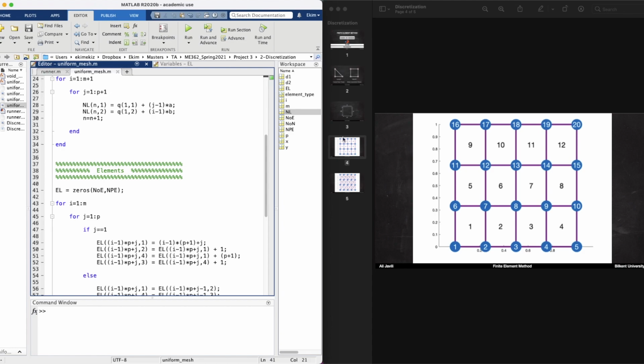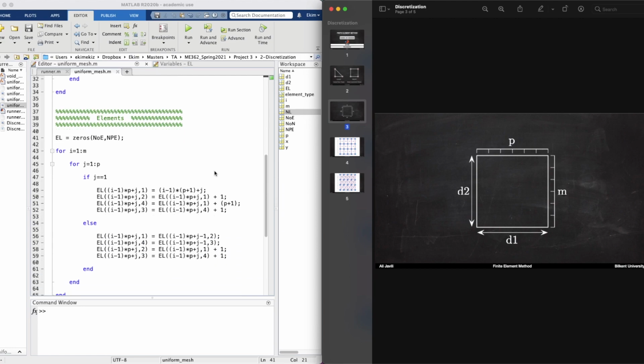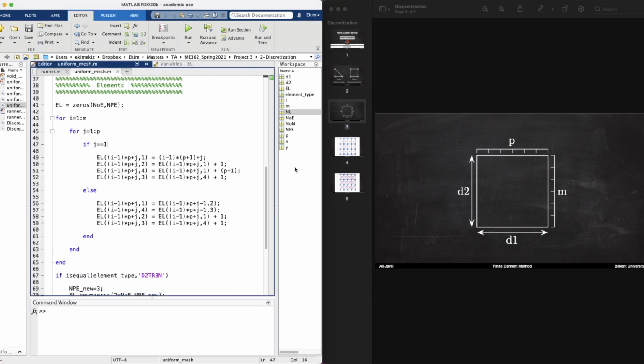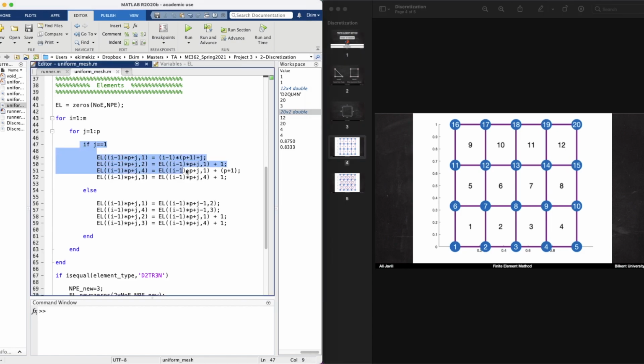And the reason for that is now the number of rows and columns switch to m and p. For elements they were m and p, right? For nodes they're m plus 1 and p plus 1. So again we have that, and so let's just forget about this thing and take a look at what this does, and we will go back to this after that.